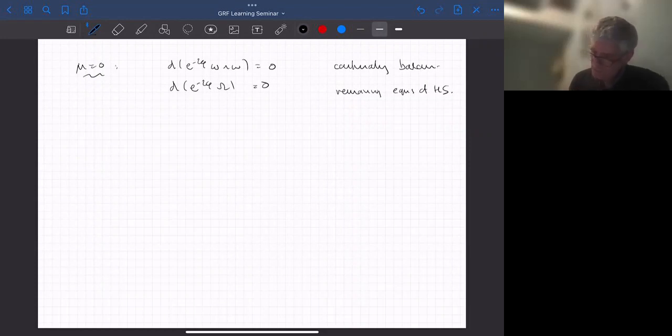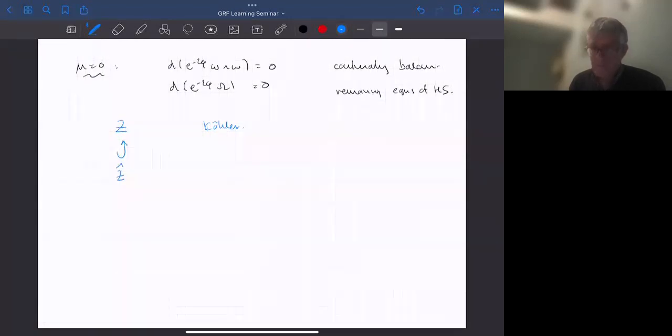So we have this picture that we start with this space Z, which is Kähler. Then in here, we embed the space Z hat, which is the F terms, or equivalently the involutive structures, or equivalently the pluriclosed.